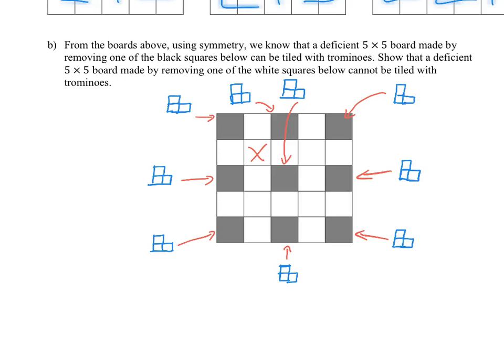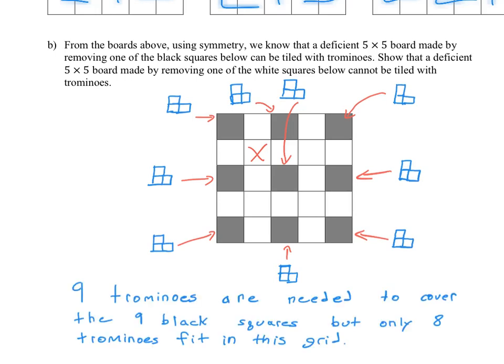So this shows that we cannot finish this tiling problem because 9 Trominoes are required to cover the black squares, but only 8 Trominoes fit in this entire grid. So therefore, in all of these cases, when one of the white squares is missing, we cannot finish off the tiling problem.